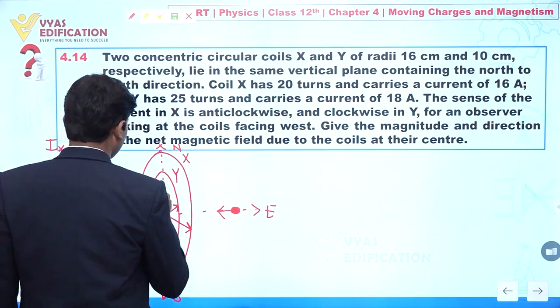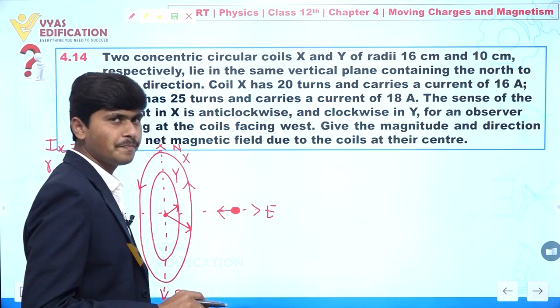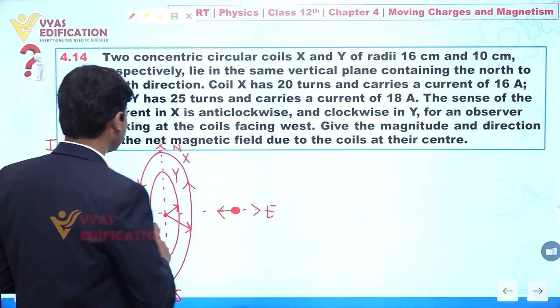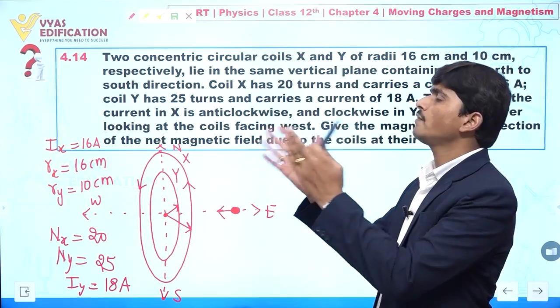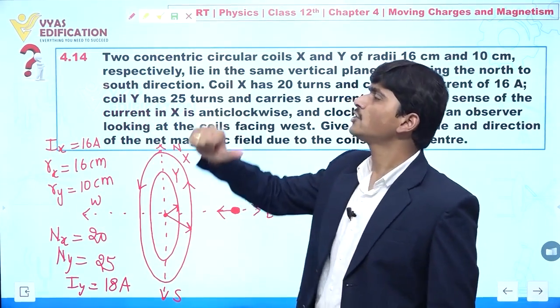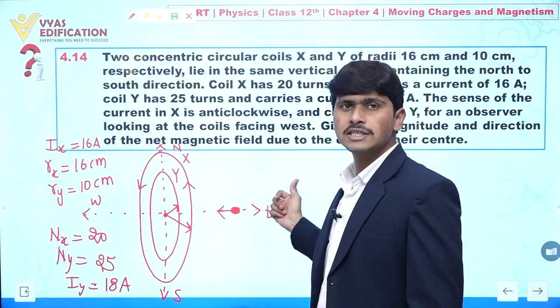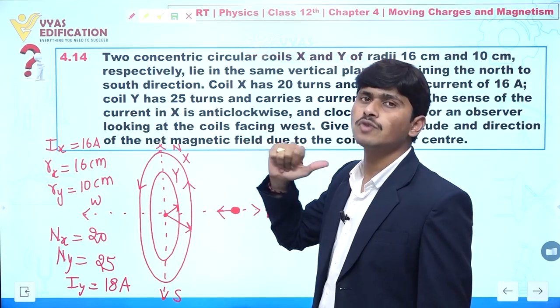So anti-clockwise means I can say like this. Clear to everyone? This is anti-clockwise. Let's suppose I am an observer, I am observing from this side. So we can say, let's suppose this is a coil, and direction of this coil is towards east. Clear? Direction of magnetic field, this is towards east.